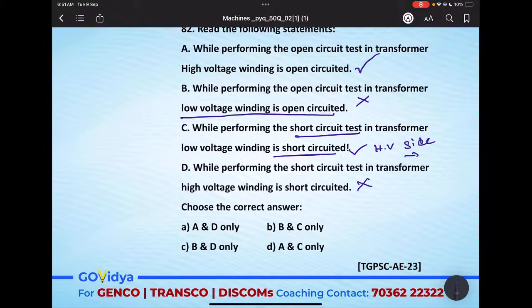To drive the rated current inside the transformer, we need more current, and more current leads to higher rated measuring equipment, and more losses will also occur. These are drawbacks, so this is not recommended. So the only correct statements are A and C. Our option will be D. Is it clear?